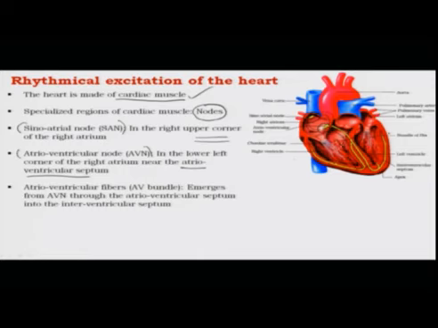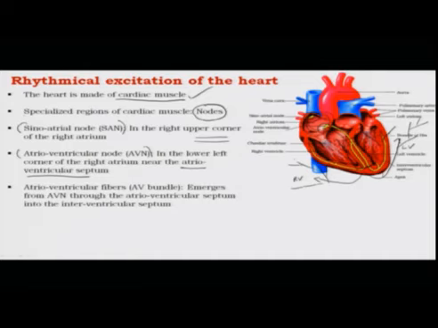So, this bundle of fibers coming out from the AV node goes into it and then branches into two branches, the left and the right branch, which then go to either of the two ventricles, the right ventricle and the left ventricle, and they form many more branches here, and they cover the entire surface of the two ventricles. So, the electrical activity which originated in the SA node will now go to the AV node.